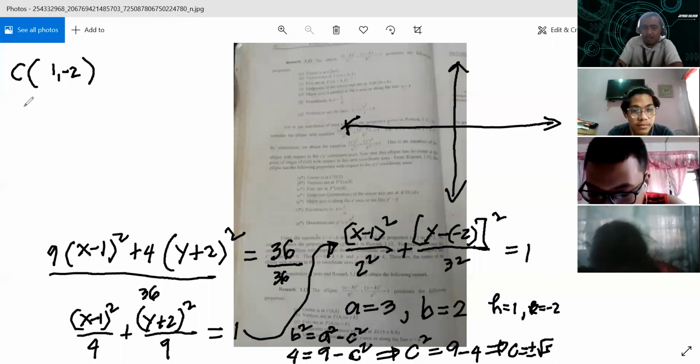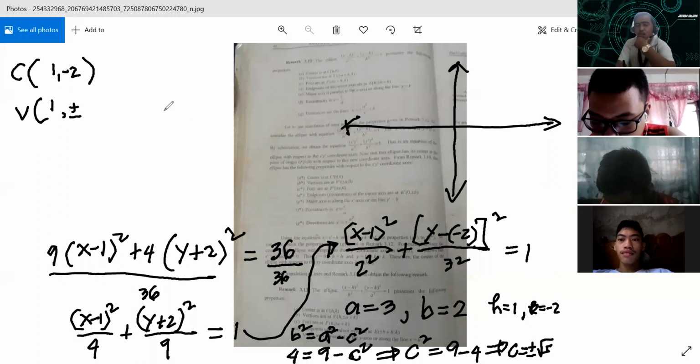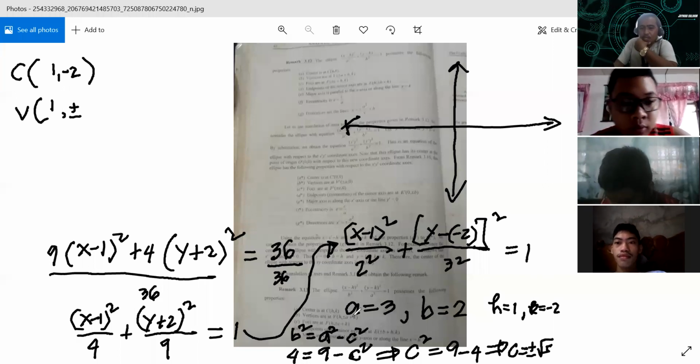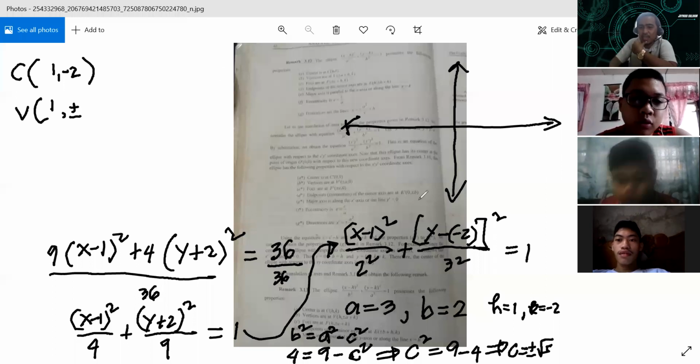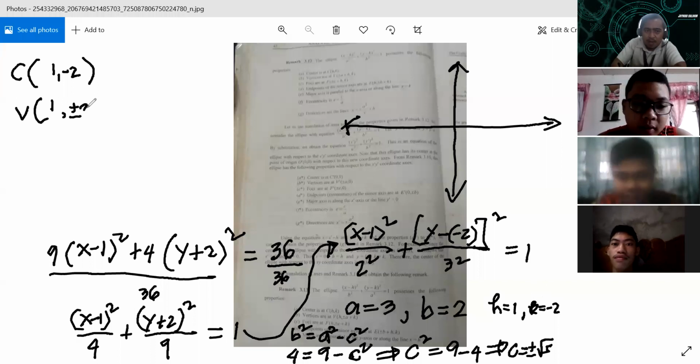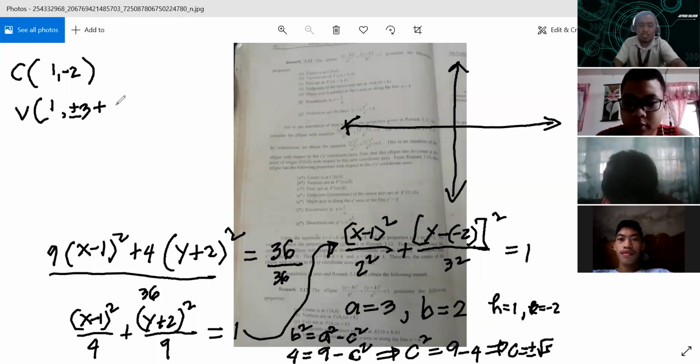Got it? So your vertex should be 1, comma, plus or minus... What is your A again, class? What is your A? 3, sir. 3. So it should be plus or minus 3 plus your K. But what is your K? Negative 2.